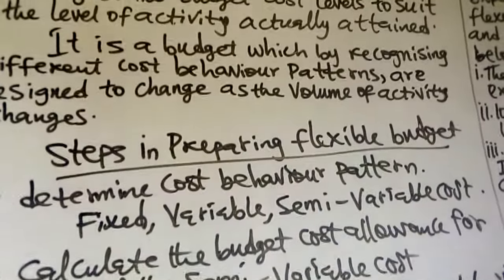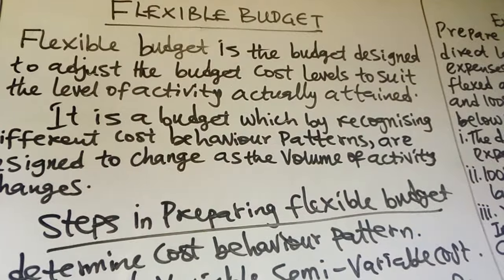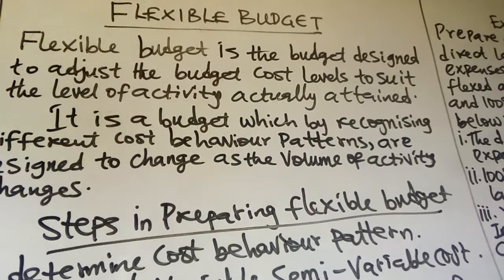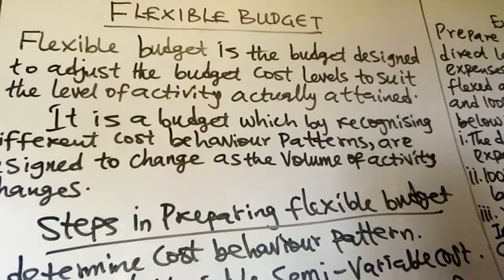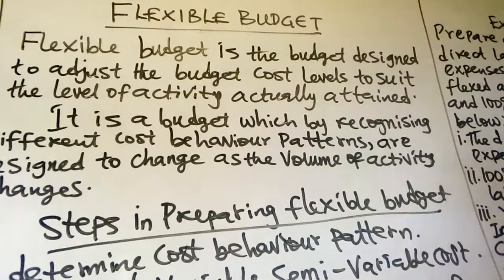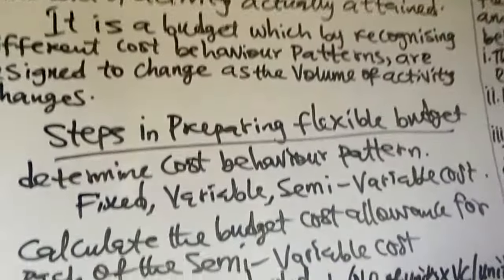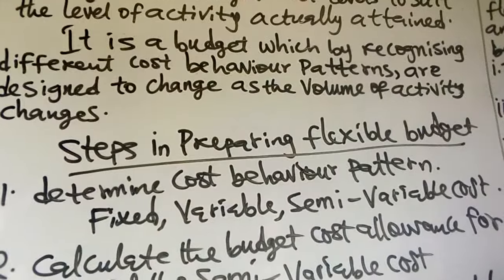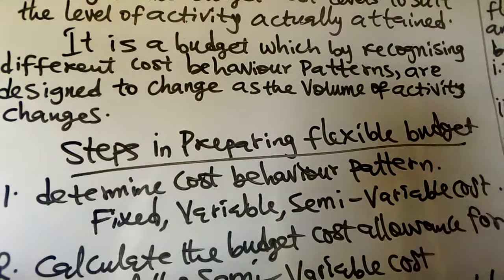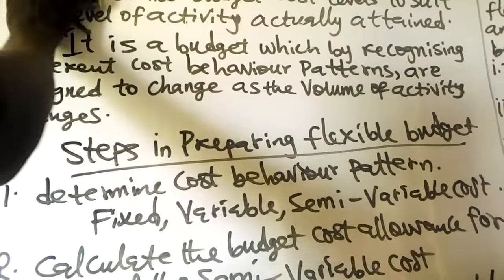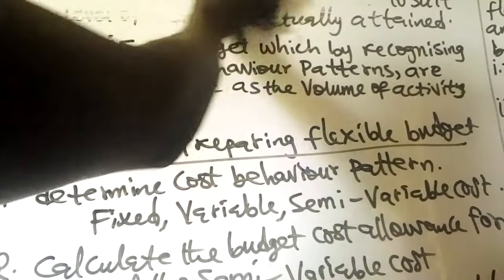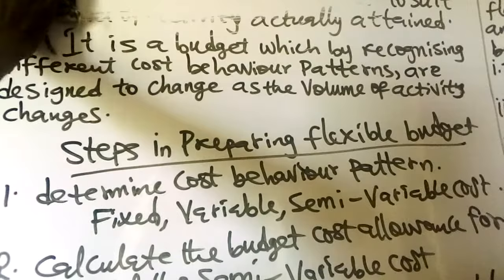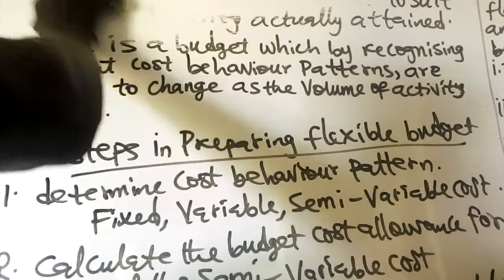I've told you that a flexible budget is a budget designed to adjust the budget cost levels to suit the level of activity actually attained. It is a budget which, by recognizing different cost behavior patterns, is designed to change as the volume of activity changes.